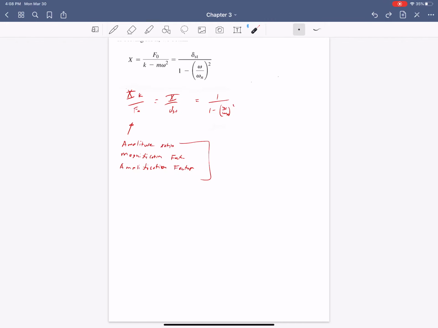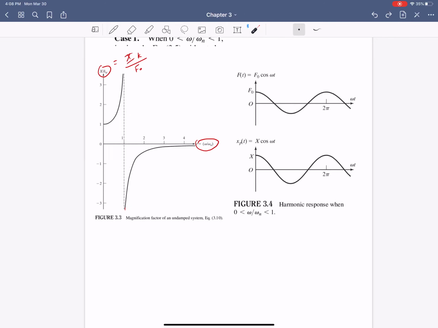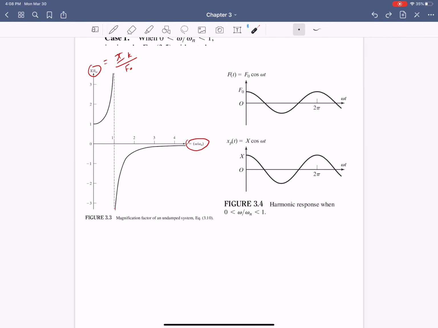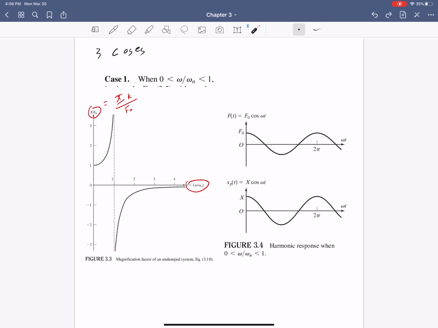Now there are 3 cases that they talk about. Case 1 is when omega over omega n is less than 1. So once again, X over the static deflection, which is equal to X k over f naught, is equal to 1 over 1 minus omega over omega n squared. As long as this is less than 1, you're on this side of the curve.